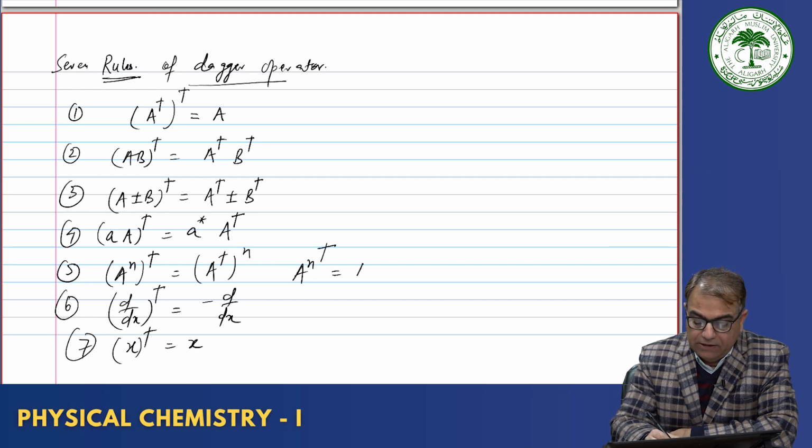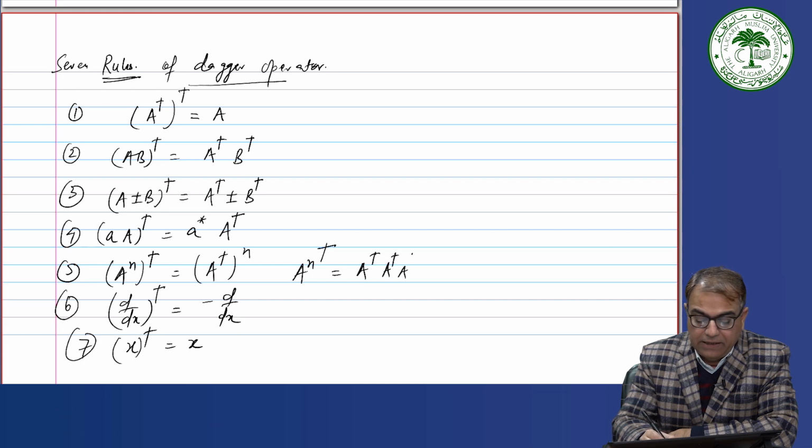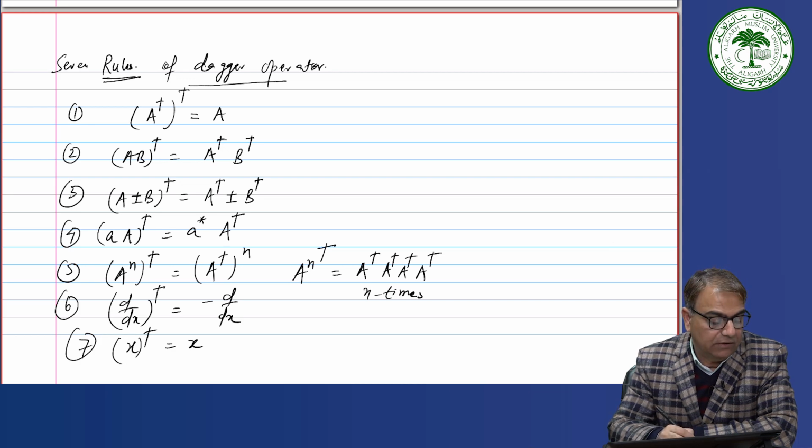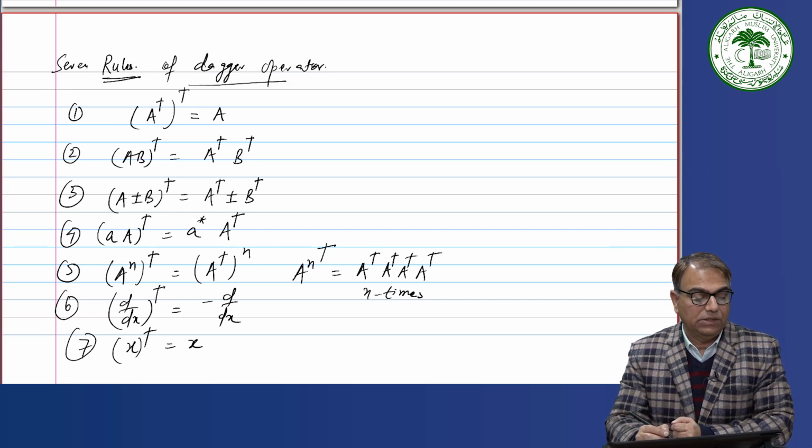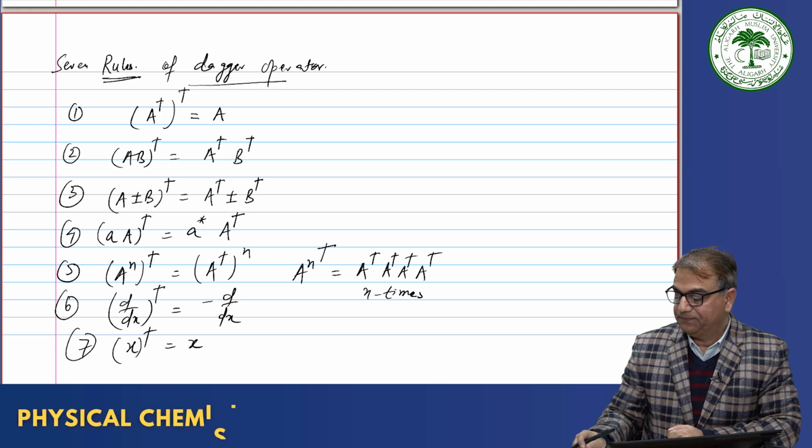You write A dagger, A dagger, A dagger, and so on, n times you write the dagger. Okay. So we will see some examples of how to proceed with this one.